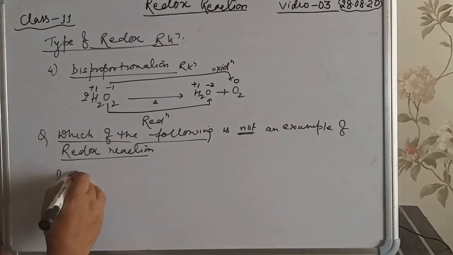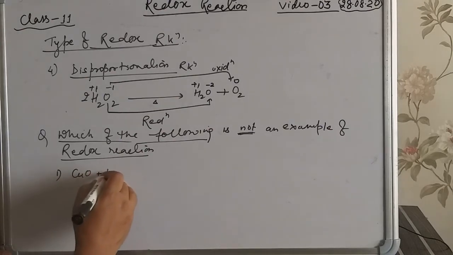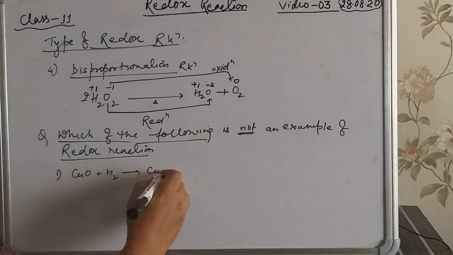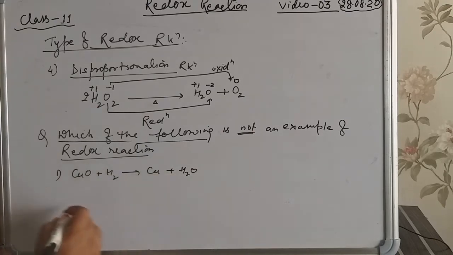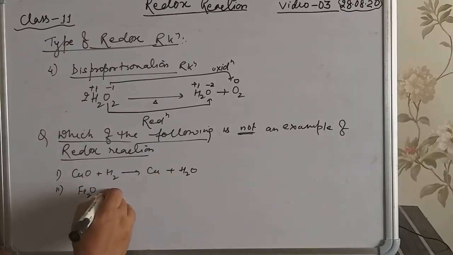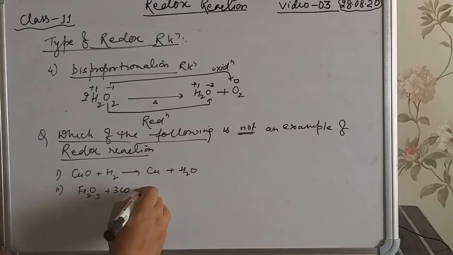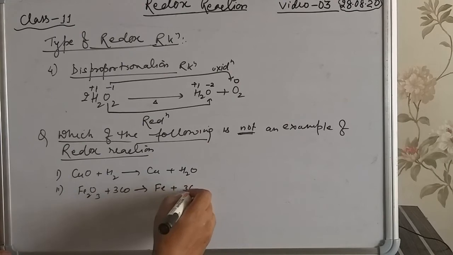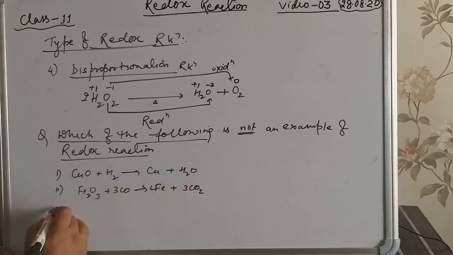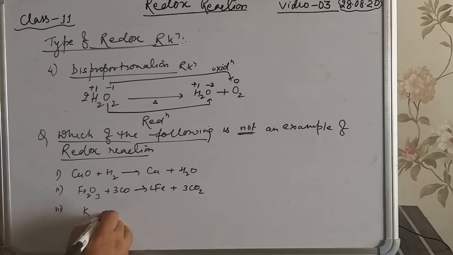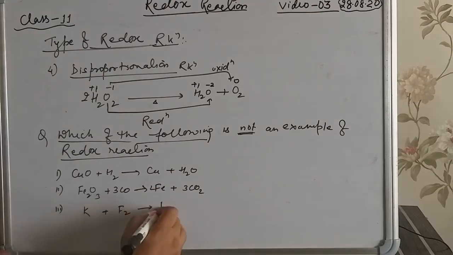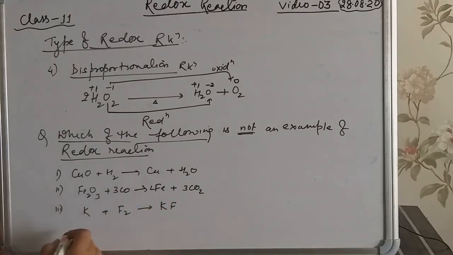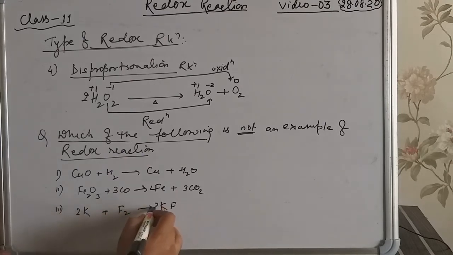The first is CuO plus H2 forming Cu plus H2O. Second, Fe2O3 plus 3CO forms 2Fe plus 3CO2. Third, potassium plus fluorine forms potassium fluoride, balanced as 2K plus F2 gives 2KF.